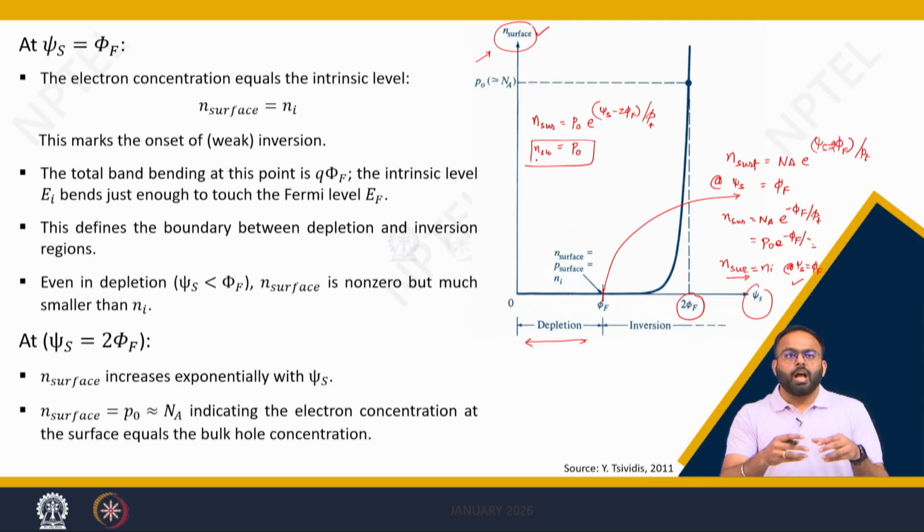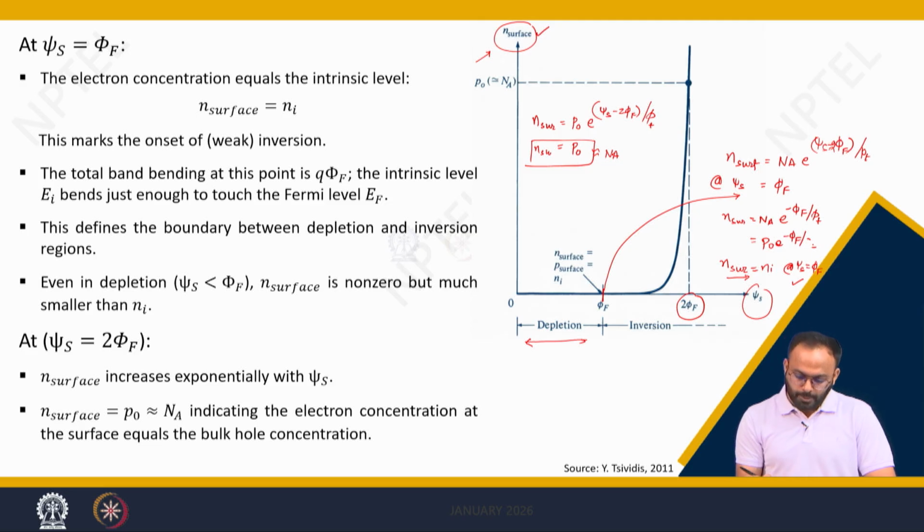It means you have applied the gate to body voltage in such a way that the surface potential reaches a value of 2 phi f, where phi f is again a known quantity given by the difference between the intrinsic level and the Fermi level in a p-type body, right. So ultimately n surface is exactly equal to the doping concentration of the body. That condition is considered to be inversion. We will explore much more about depletion, inversion and accumulation in subsequent lectures.